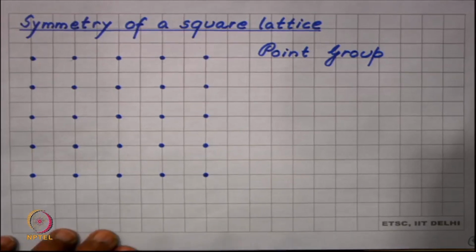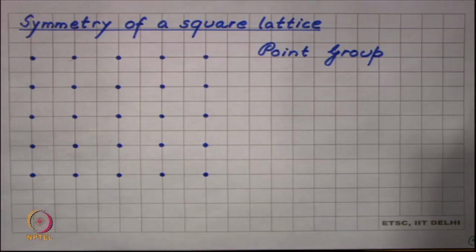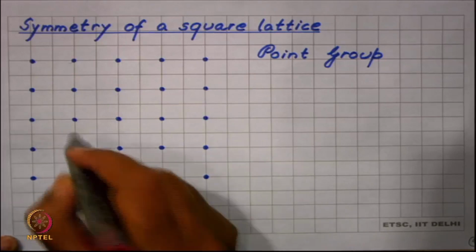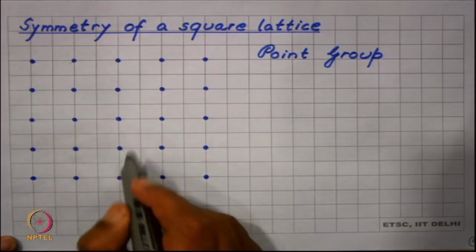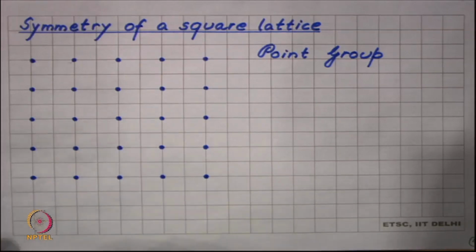We also said that for a lattice, the translational symmetry was essential, but it can have symmetry beyond translation, that is non-translational symmetries. These are called point symmetries because they leave some points unchanged. So, let us look now at the point symmetries of the square lattice. We can see that every lattice point, if we take an axis about that lattice point, then we can rotate the entire lattice by 90 degrees to bring it into self coincidence.